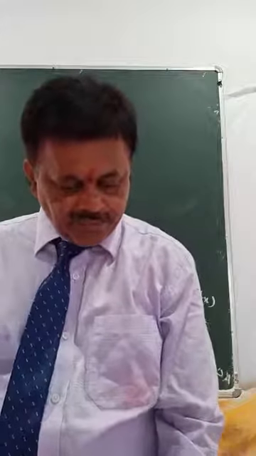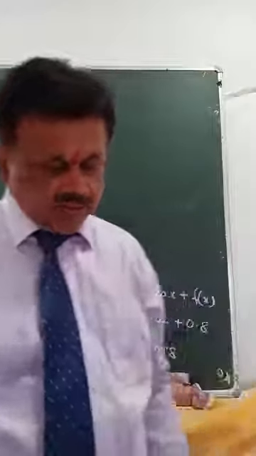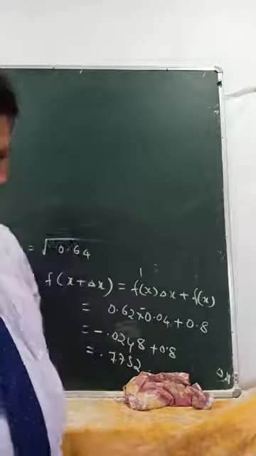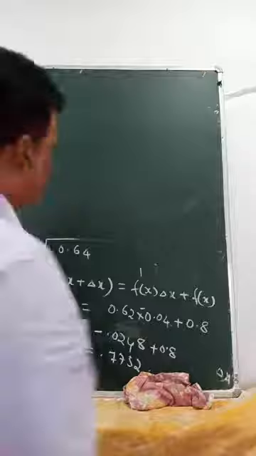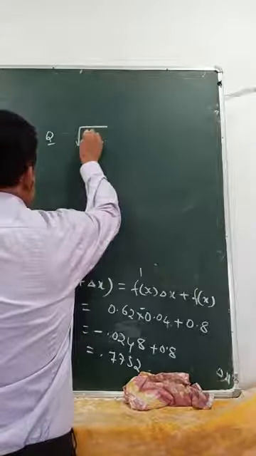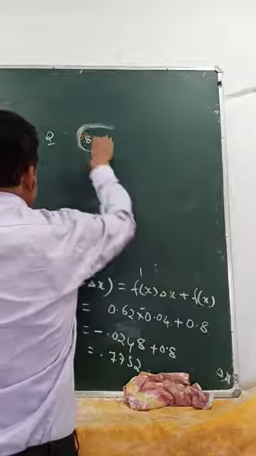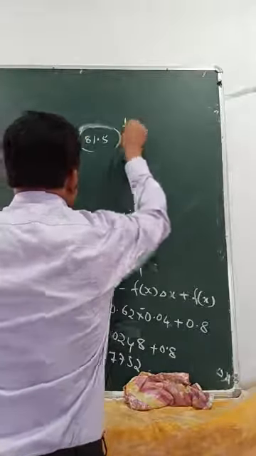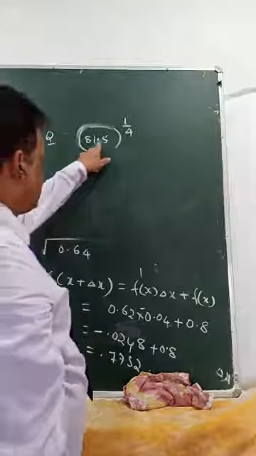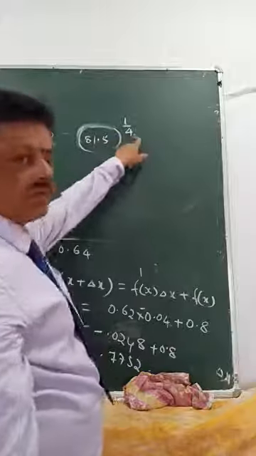Let's take one more question, of a different type. Suppose I took 81.5 to the fourth power. We are given a fourth root, so take a number closer to this whose fourth root can be found out.